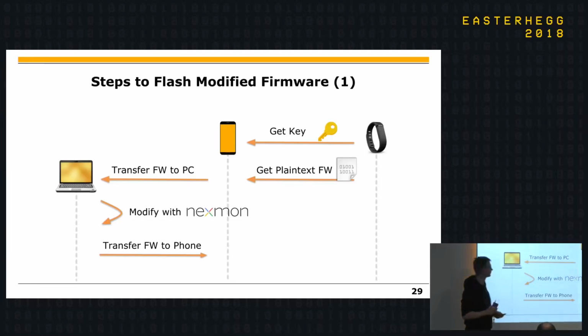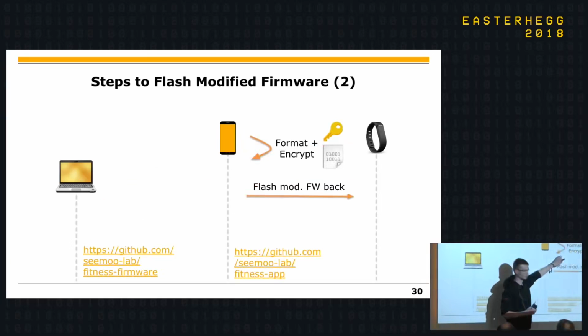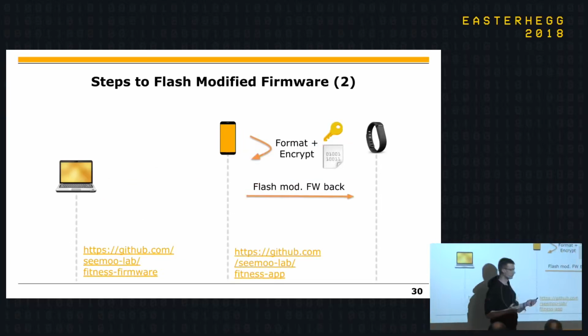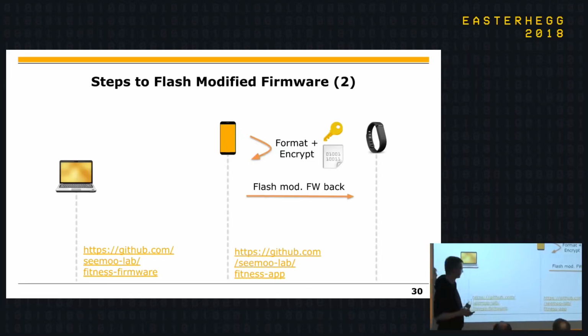And then again, you can use the app to create a valid firmware update and also encrypt it. And then you can also use the app to flash the modified firmware back onto the tracker.